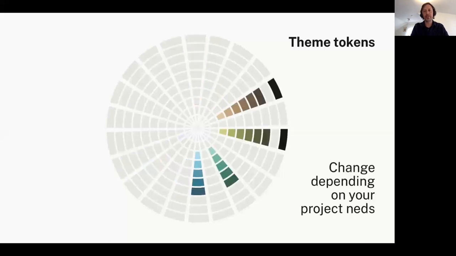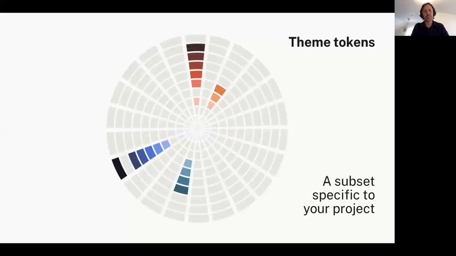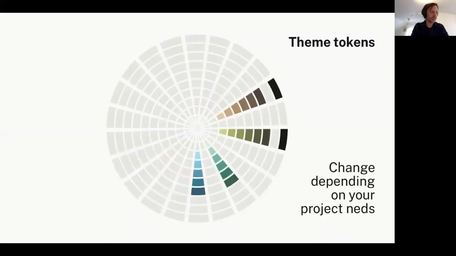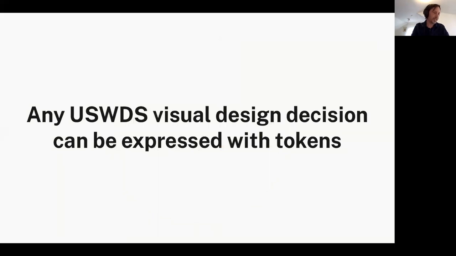Your secondary color might be gold instead of blue. We intend that essentially any design system project should be able to express any of their visual design decisions with these palettes of design building blocks, with these tokens. That's how we've built our own website, and this is what we recommend to teams using the design system.